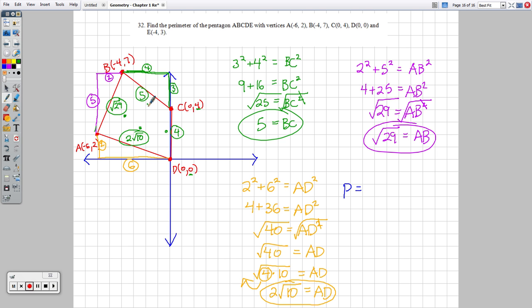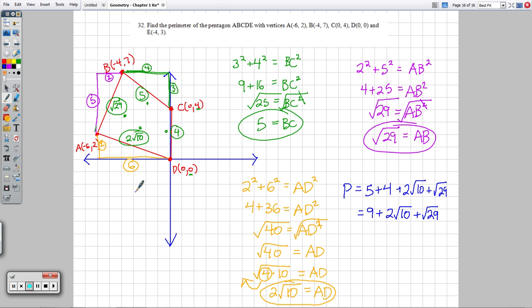This one, this one, this one, and this one. So we have 5 plus 4 plus 2 radical 10 plus square root of 29. So we can combine these two things together. We could say that that is an exact answer, and then let me check the approximate answer.